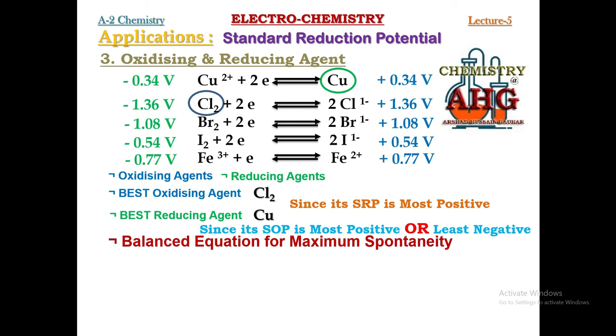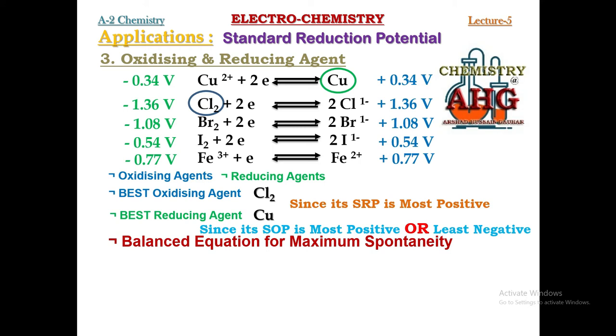Now the next question that can be asked is to write down a balanced chemical equation showing maximum voltage, showing maximum spontaneity. You have identified the half cell with the best reducing agent, and the half cell with the best oxidizing agent. You just look at both and identify the half cell whose standard reduction potential is most positive. The half cell whose standard reduction potential is mathematically greater always undergoes reduction, it becomes the cathode.